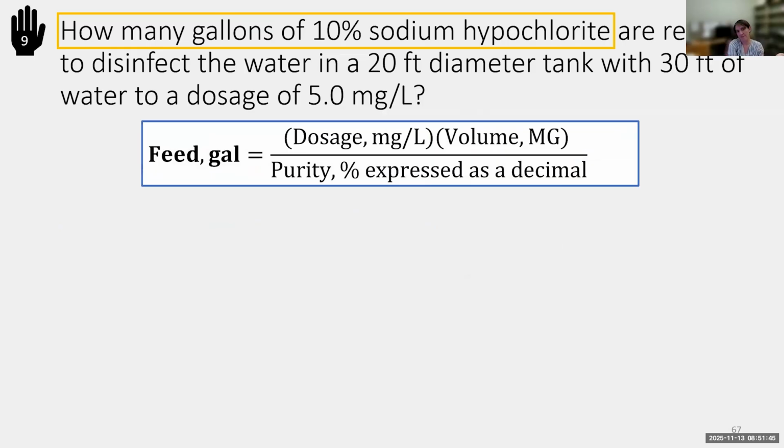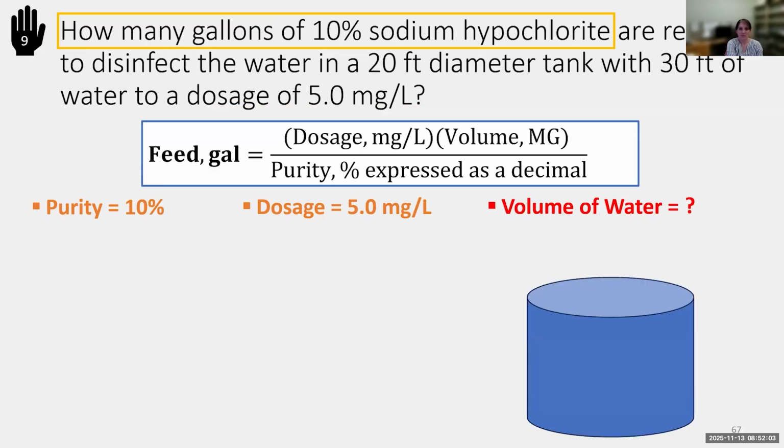Let's see what information we're given. We're told that we have a 10% sodium hypochlorite solution, so the purity then is 10%. We're also told that we have a dosage of 5.0 milligrams per liter. Well, we need volume in order to calculate this, but we're not told the volume of our water.